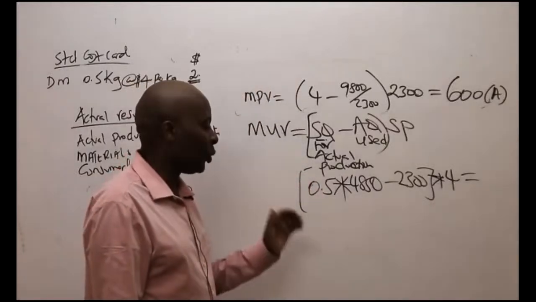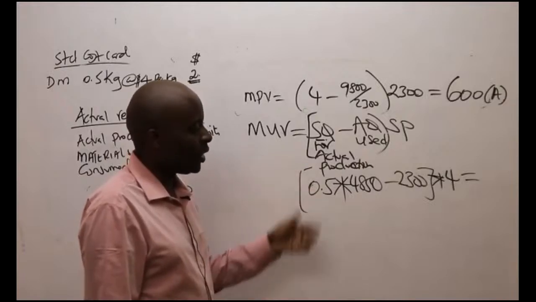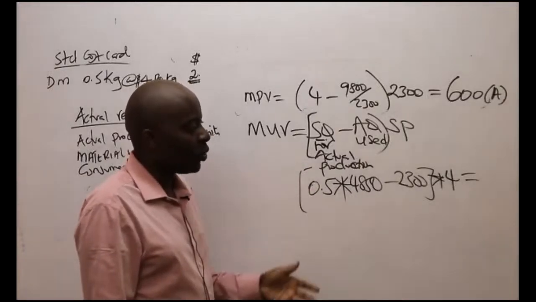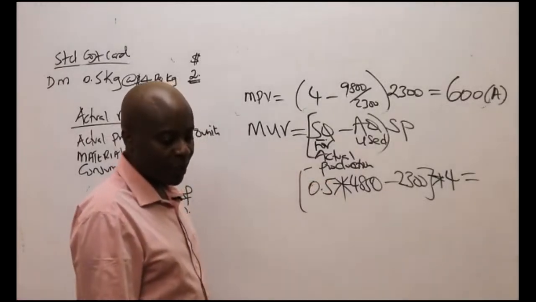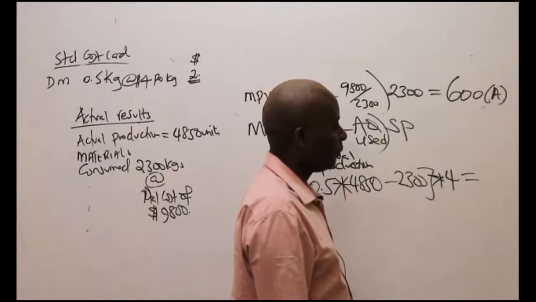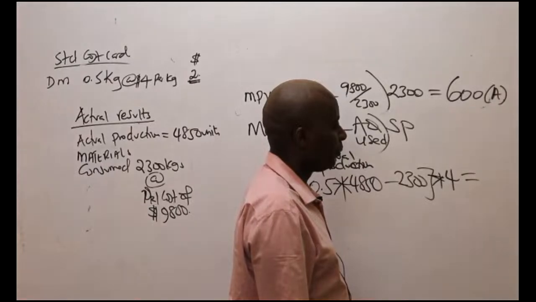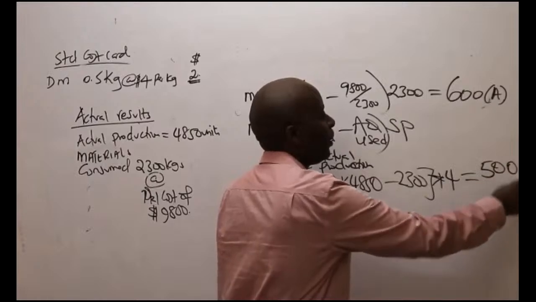So what you do, you get your calculator, you say open bracket, 0.5 times 4,850 minus 2,300, close, times 4, please give us a figure. 500 F. 500 favorable.